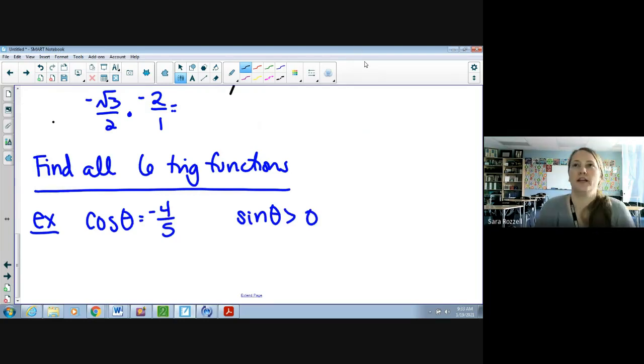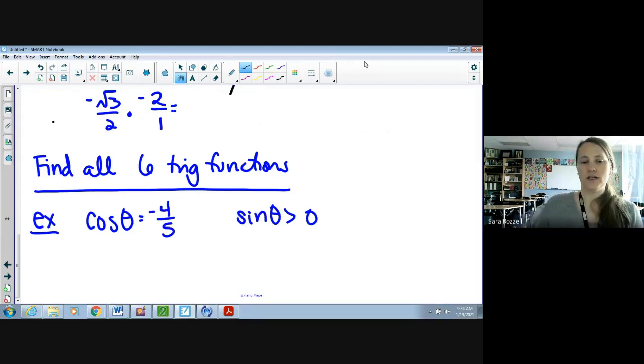Sometimes they specifically already tell you what quadrant you're in, but other times they just give you another clue. And so based on these 2 pieces of information, you have to know what quadrant you're in so that you get the signs right. So that's why they tell you about whether sine's positive or negative.